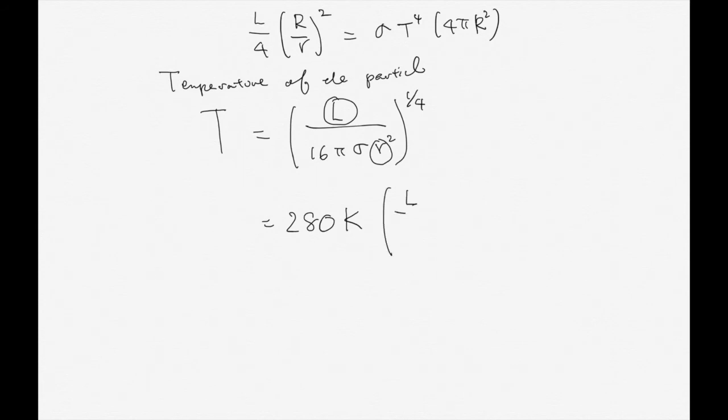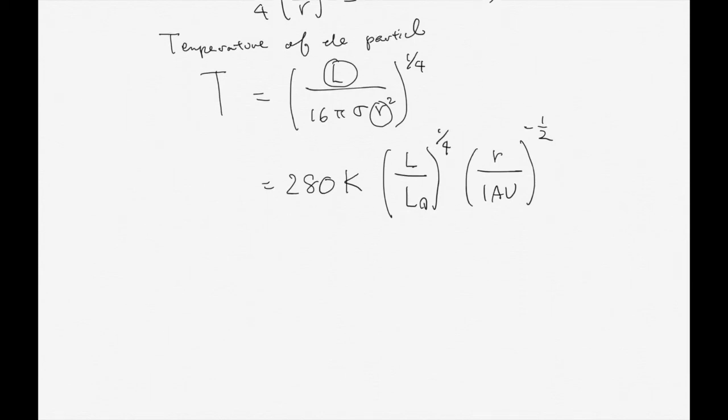Then you can write this in units of solar luminosity, and the dependence is 1 over 4. For r over 1 AU the exponent is minus 1 over 2. So if you want to find the temperature at r equal to 5 AU, you can just substitute 5 here to find the temperature.